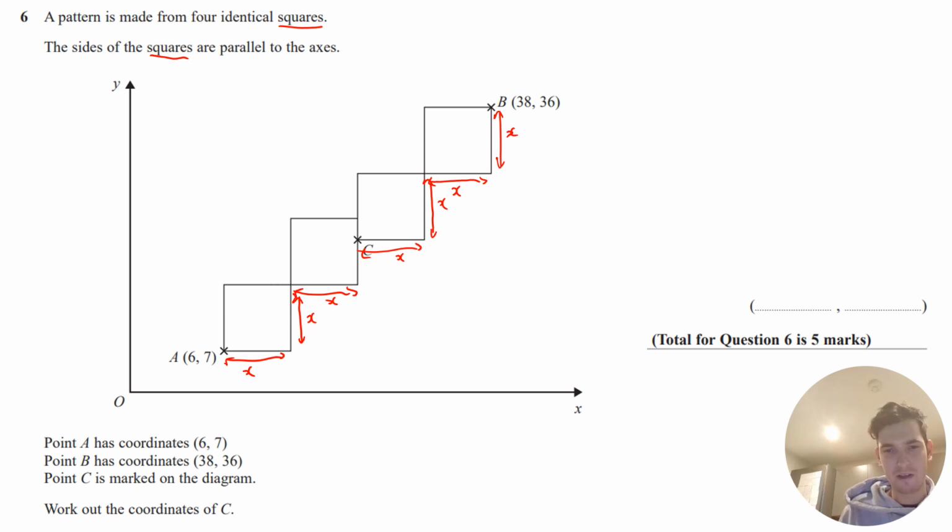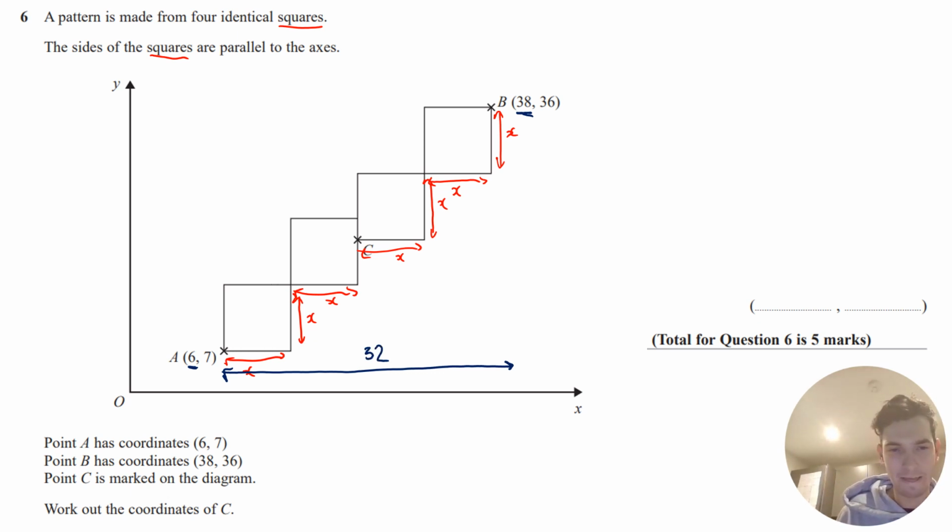Okay, so let's see what else I can figure out. Change to a blue here. So if I look at my x coordinates, that coordinate is 6, that coordinate is 38. So I think that the total distance across here is going to be 38 minus 6, which is 32.